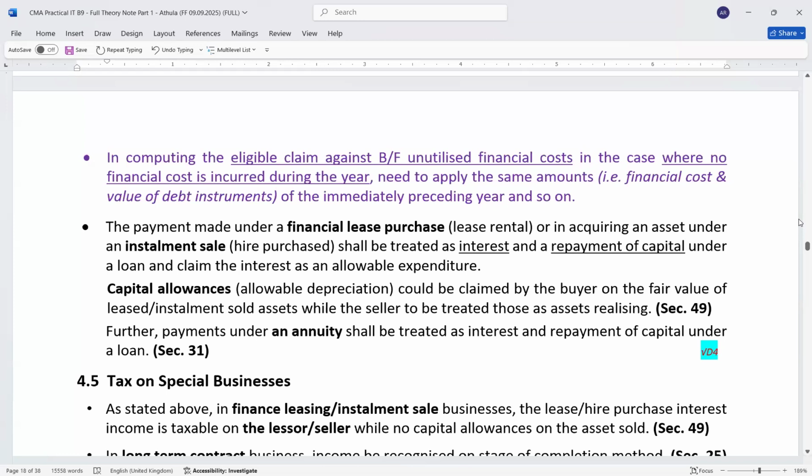Borrowing cost is allowable under section 11, because it is an expenditure incurred in production of income of a business or investment. Section 11 covers business as well as investment. Therefore, under section 11, if it is an expenditure incurred in production of that income, then it is allowable.